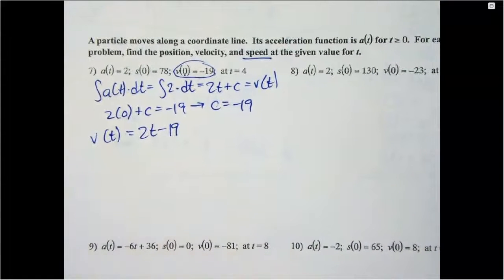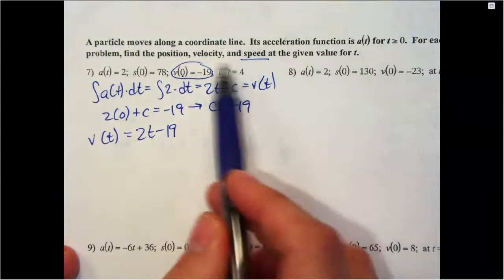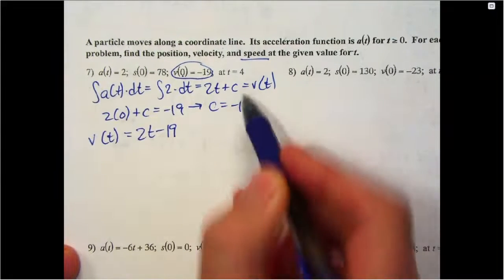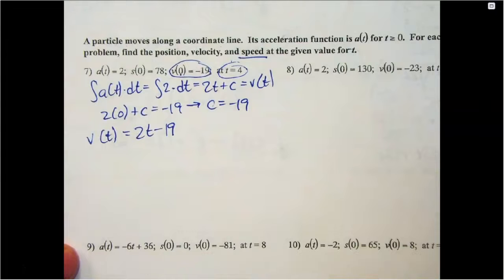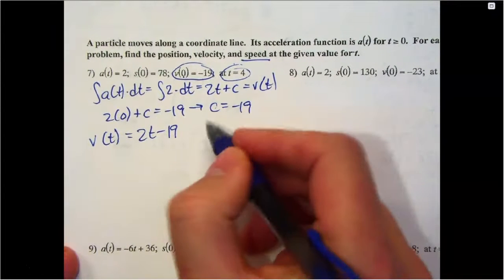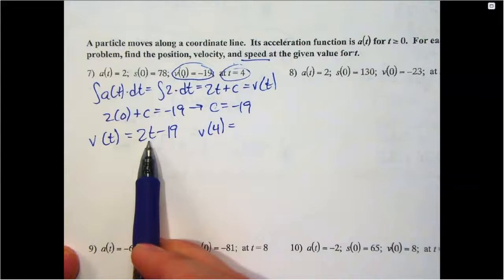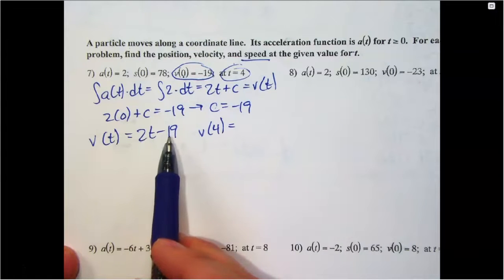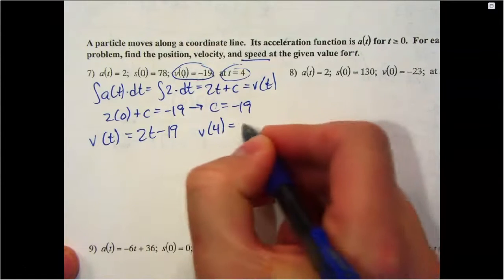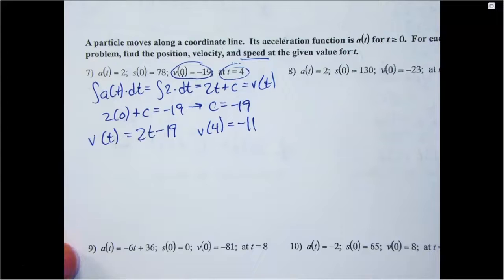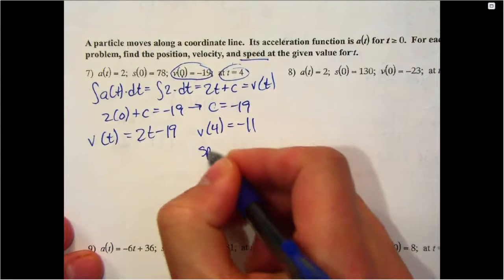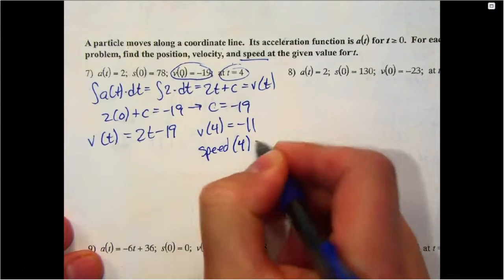So then all I'm doing now is plugging in for the given value of t. The question is basically, what is the velocity when t equals 4? And also, what's the speed when t equals 4? So the velocity at 4 equals, what's 2 times 4? It's 8. 8 minus 19 is negative 11. And then I'm just going to put speed at 4.